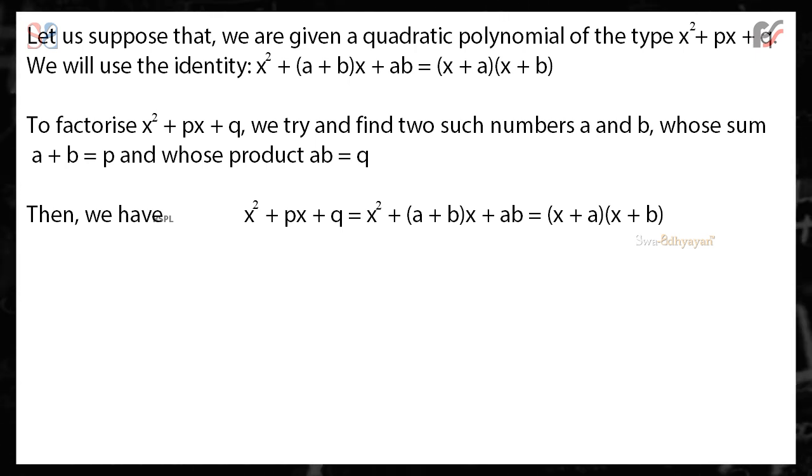To factorize x square plus px plus q, we try and find two numbers a and b whose sum a plus b is equal to p and whose product ab is equal to q. Then we have x square plus px plus q is equal to x square plus (a plus b) x plus ab is equal to (x plus a)(x plus b).